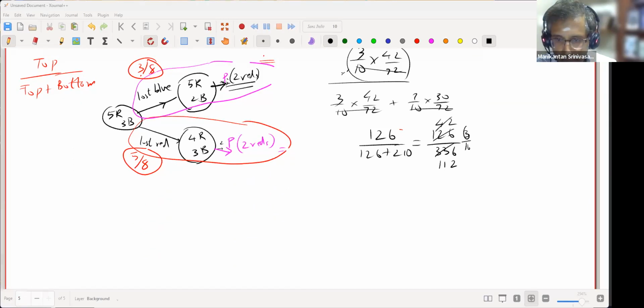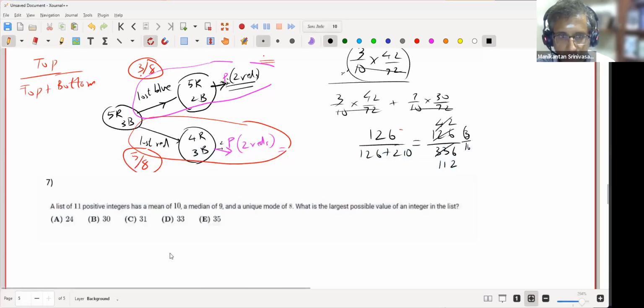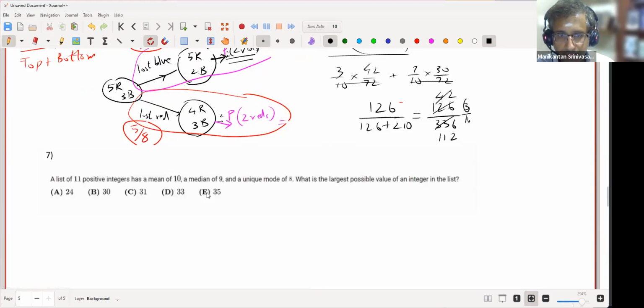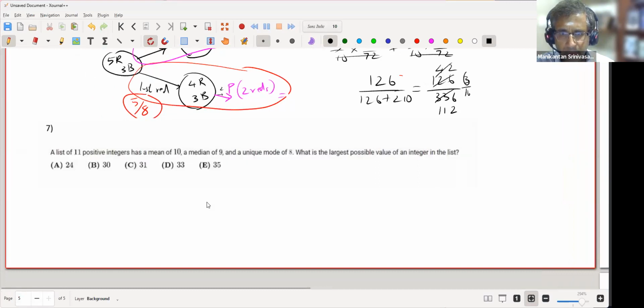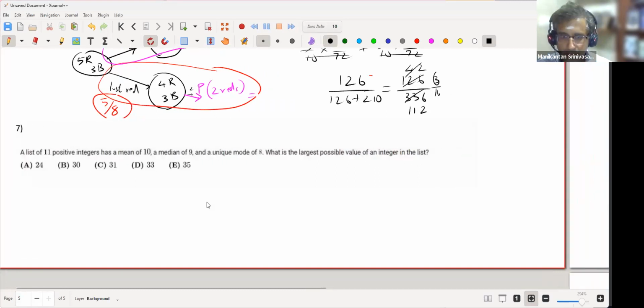List of 11 positive integers, question 7. Yeah, Vivan, any answer on this one? Vivan is there or he's probably left.